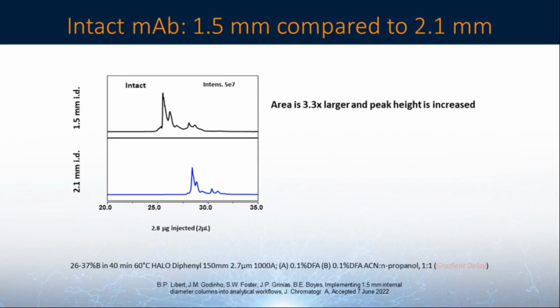In this example, the area of trastuzumab is 3.3 times larger on the 1.5 millimeter ID column, and the peak height is increased. So the results of the 1.5 millimeter ID are here in black, and the 2.1 millimeter ID results are shown in blue. And you can see how much taller the peaks are on the 1.5 millimeter ID column compared to the 2.1.